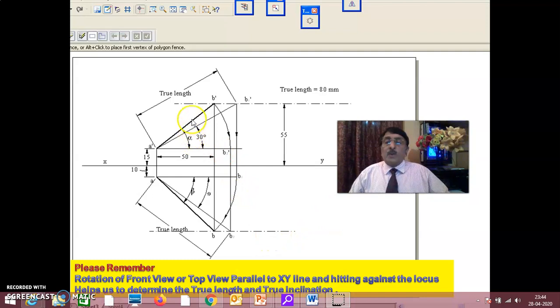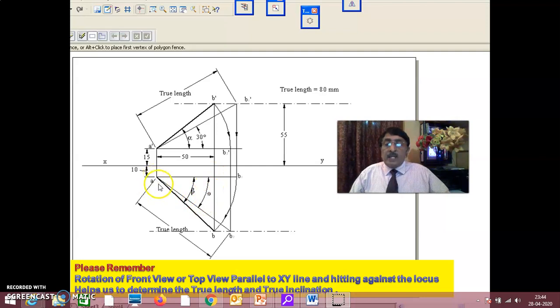Here afterwards, whenever you have front view and top view, rotation of the front view parallel to the XY line and directly hitting against the locus, you will get the true length and true inclination. Can you follow?